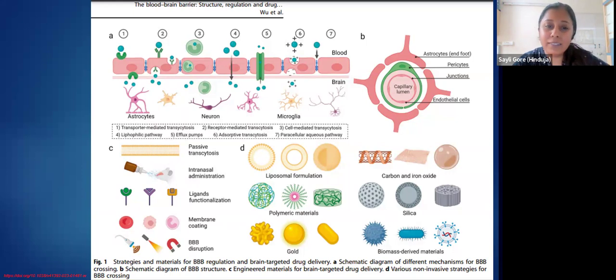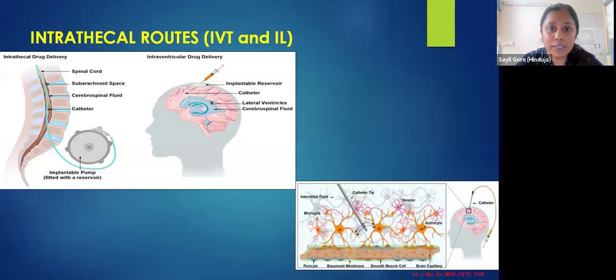Then there are some other very invasive or external methods like disruption of the brain barrier, but they are very high-fi, and let's not go much into that detail. But there is a slightly invasive strategy that has been developed, which is our intrathecal route.